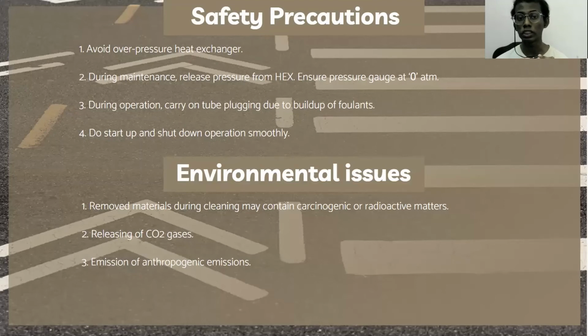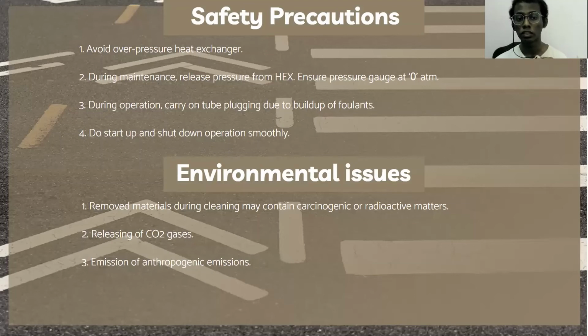During maintenance, we need to release the pressure from the heat exchanger and ensure the pressure gauge is at 0 atm. And during operation, we need to carry out tube plugging due to build-up of fluids, and we need to do the startup and shutdown operation smoothly.